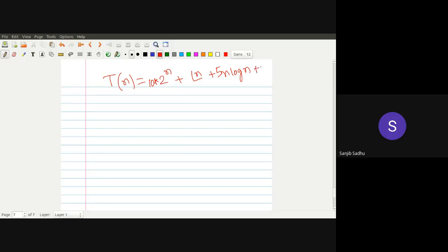Please tell me. Sir, n factorial. Right. Because factorial n is larger than 2 to the power n. Or you may write it like this also.